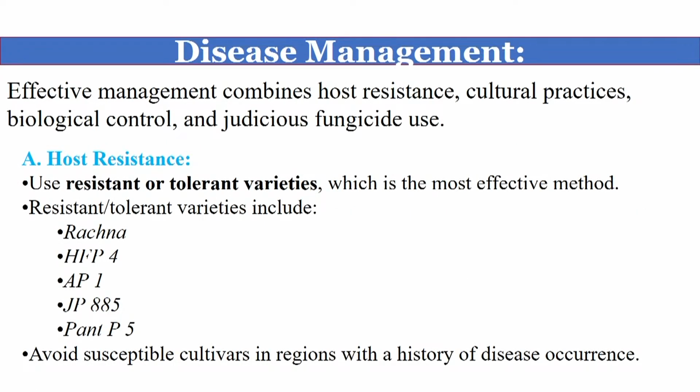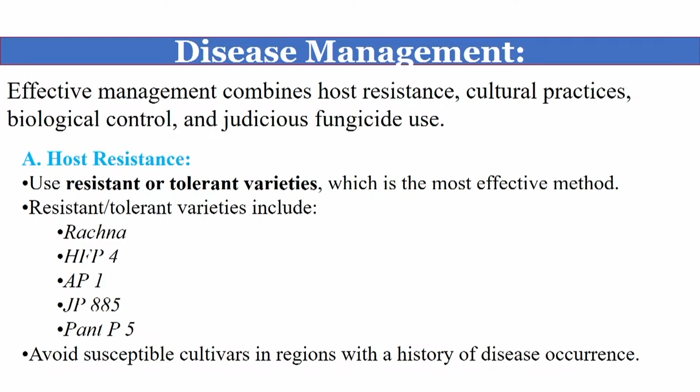And the next point is how you can manage this disease, powdery mildew of pea. Effective management is a combination of host resistance, cultural practices, biological methods, as well as judicious use of fungicide only.